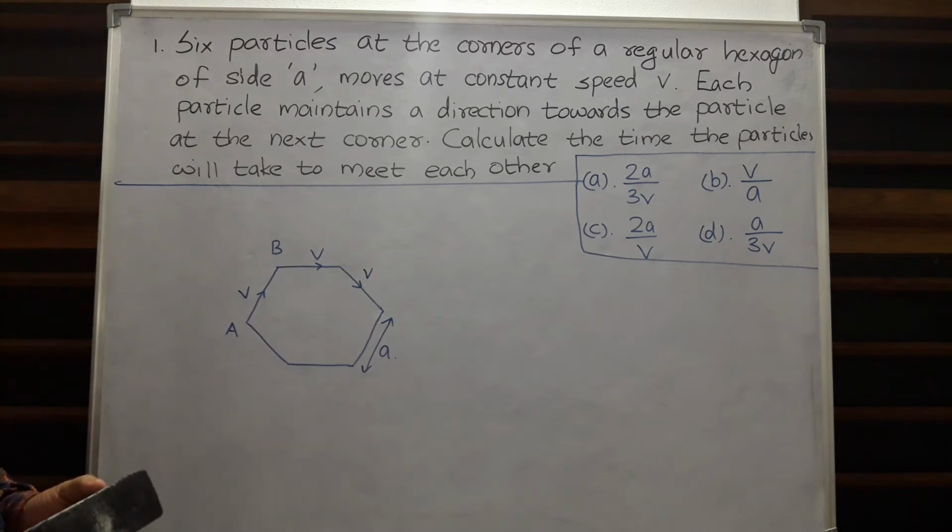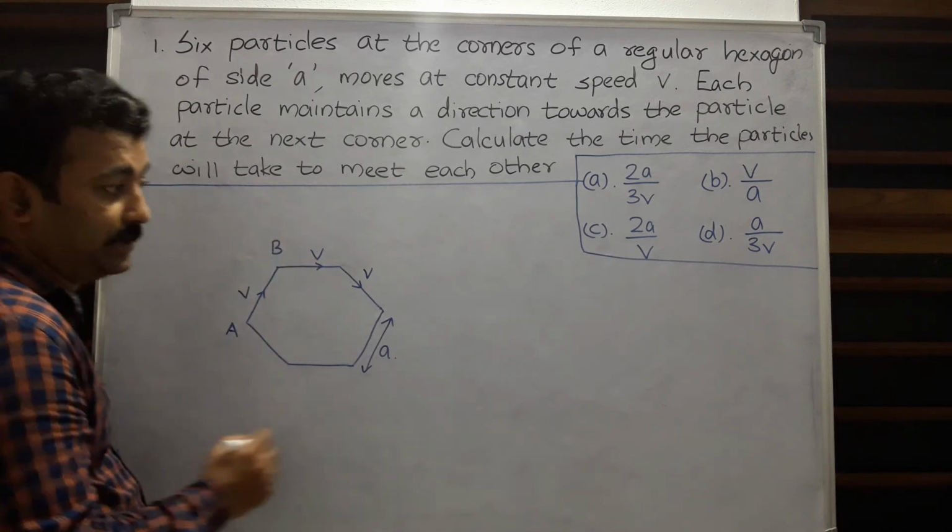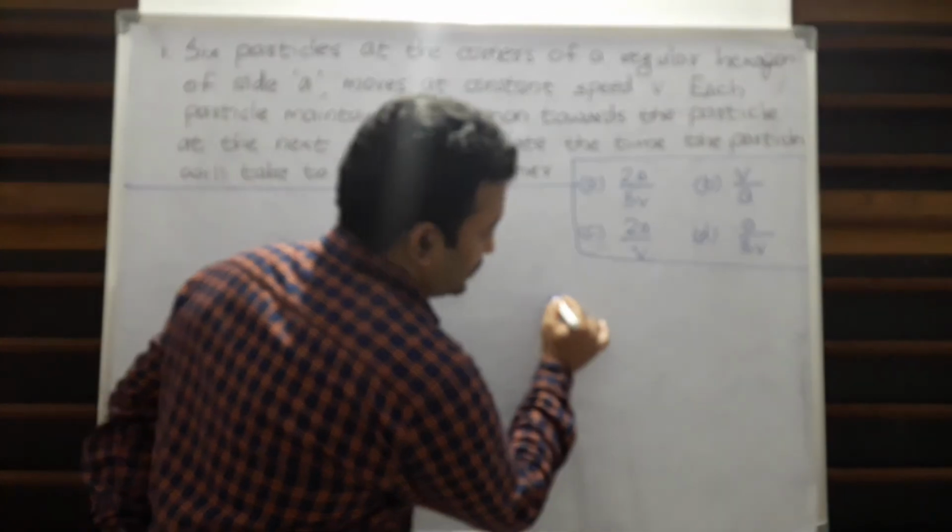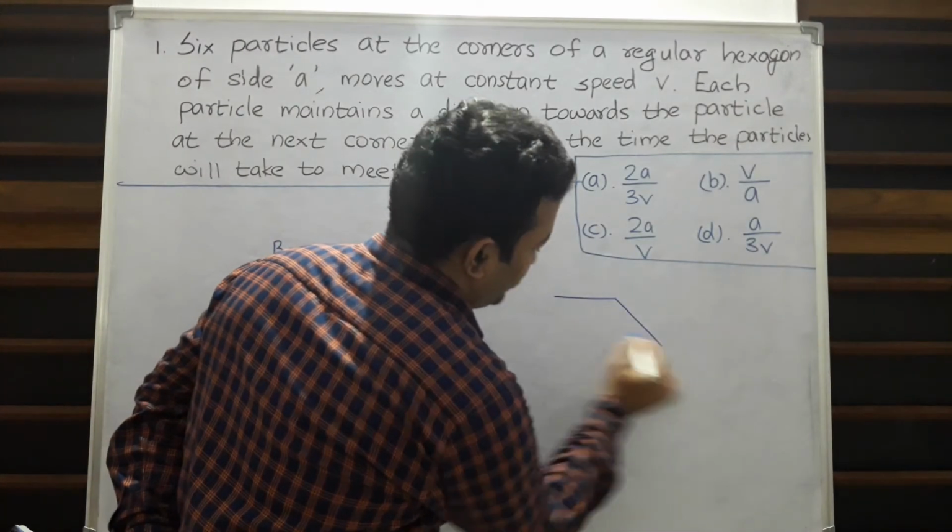This will become very easy if you reduce it to the case of arresting. Now I am taking B as arrested. So let us take the situation in a different manner.